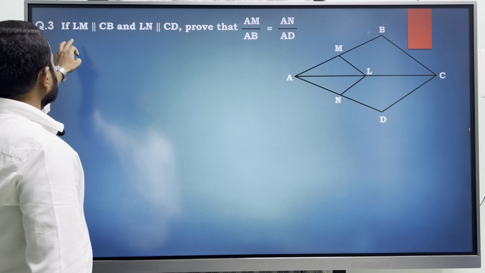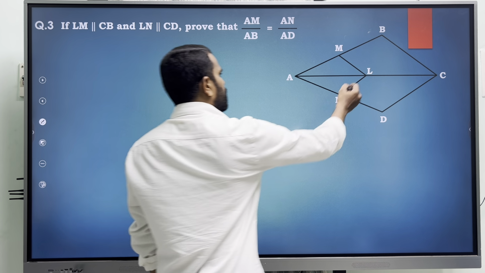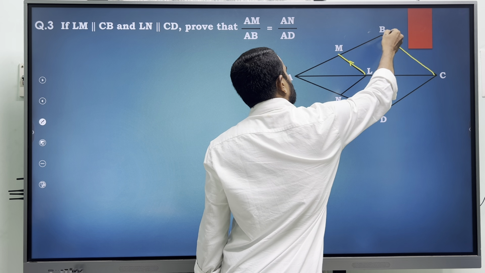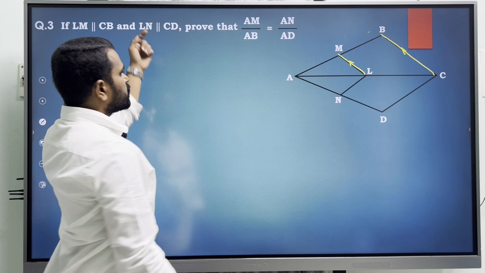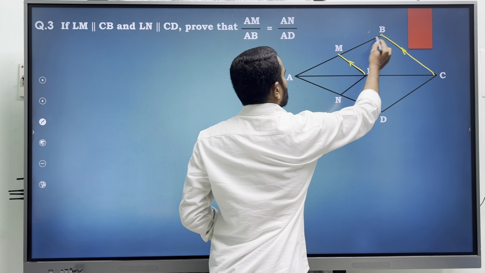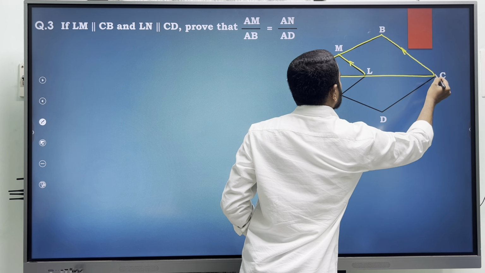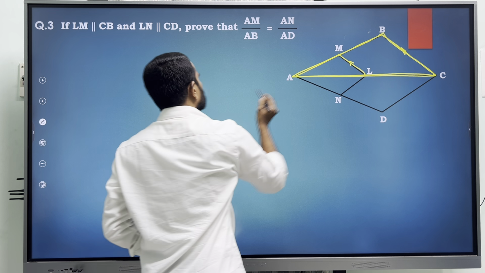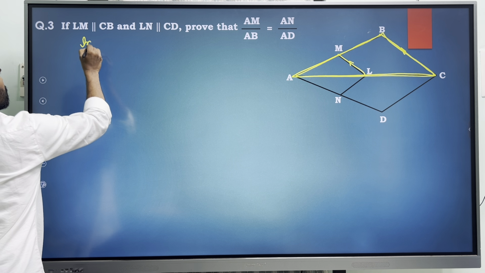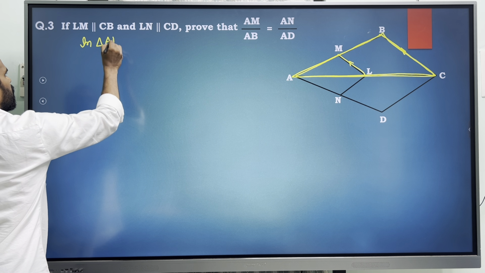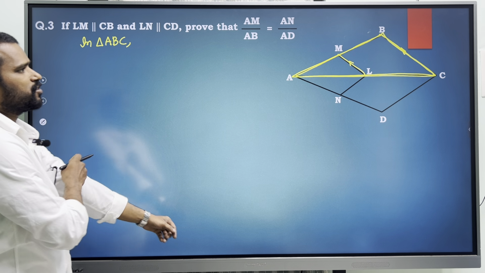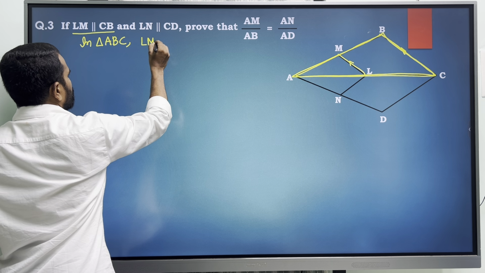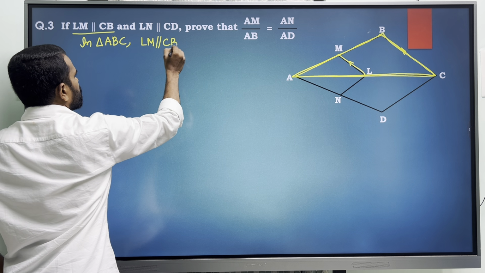Next question. See here, LM parallel to CB. These two lines are in this triangle ABC. In triangle ABC, what is given? LM is parallel to CB.